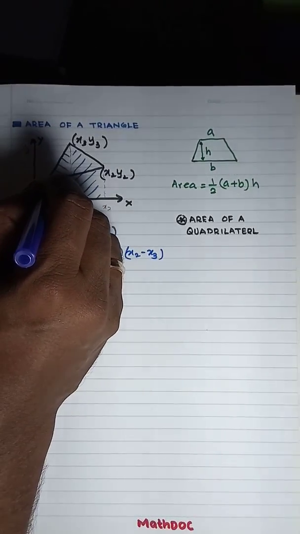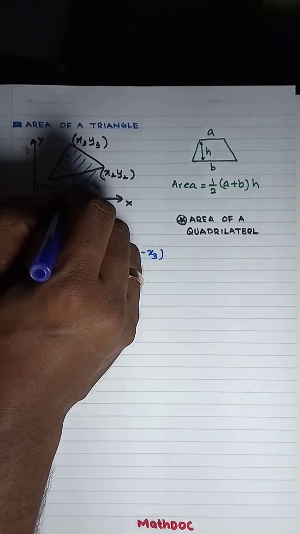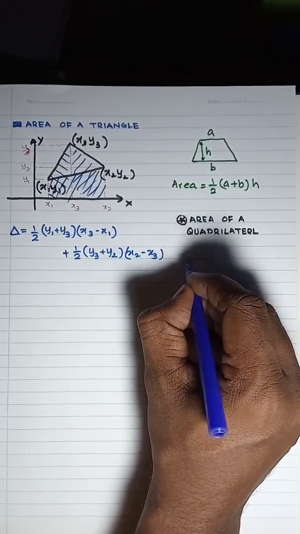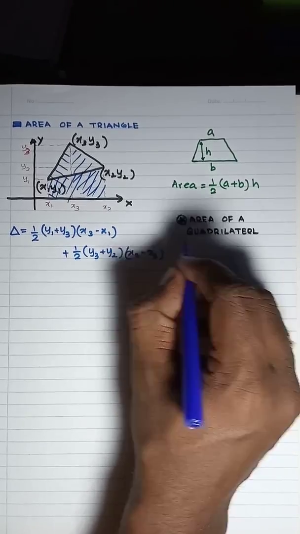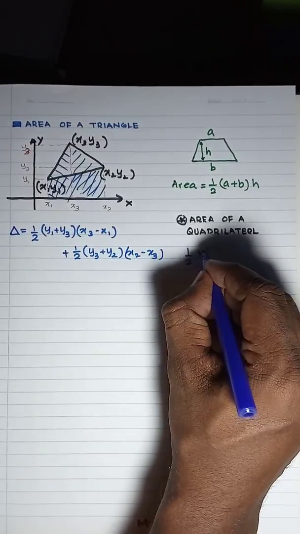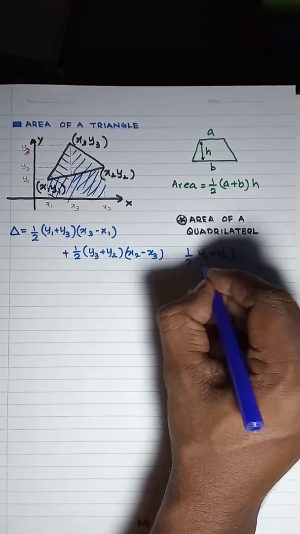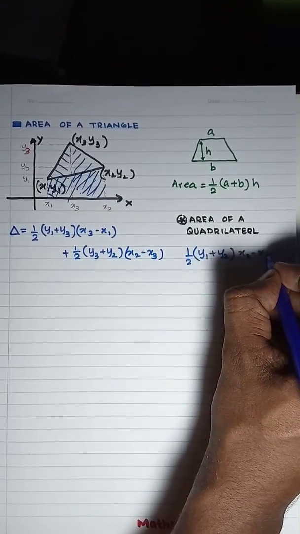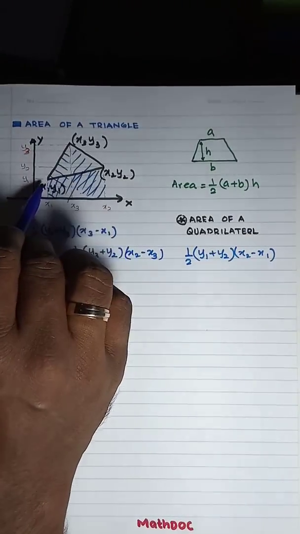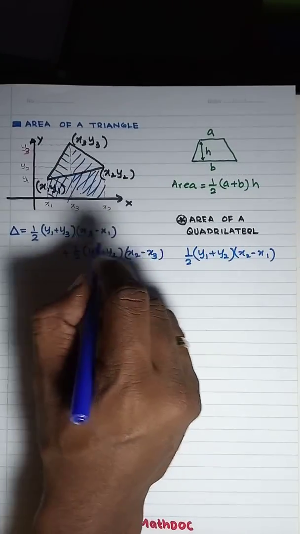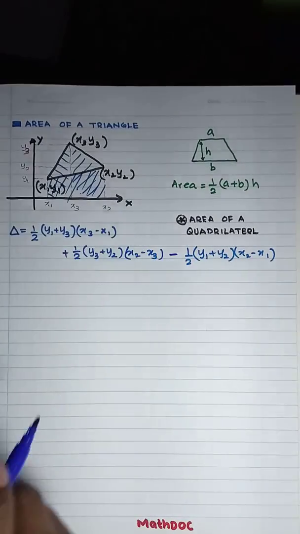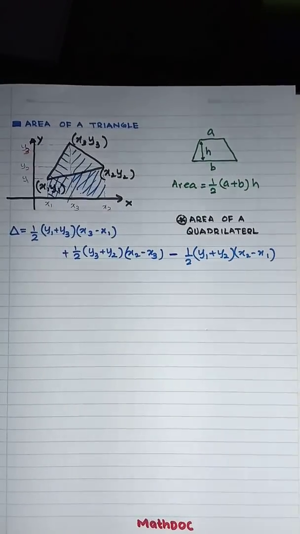Now consider this area, which is also a trapezium: half into (y1 plus y2) times (x2 minus x1). So first add the first 2 trapezium areas and subtract the third one, then we can deduce the area of the triangle.